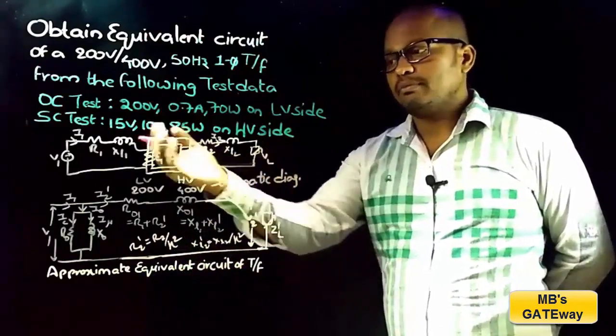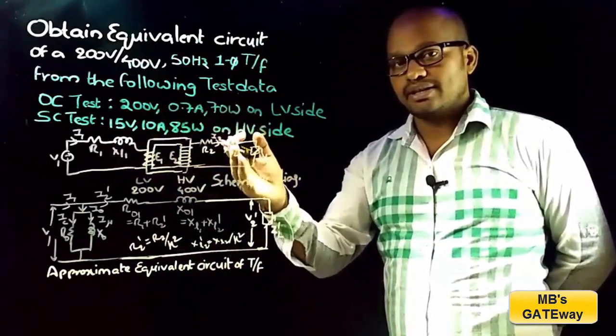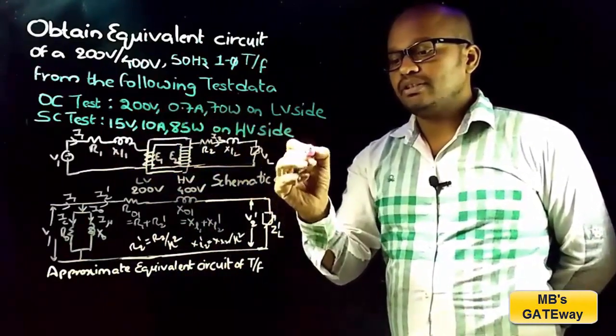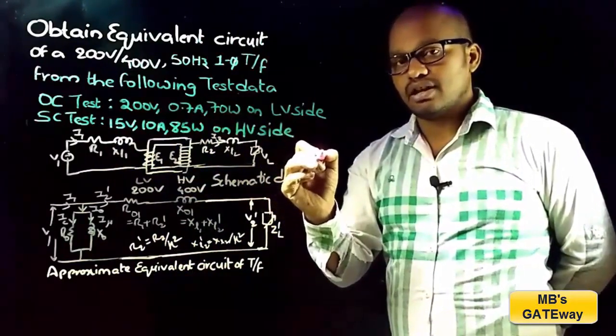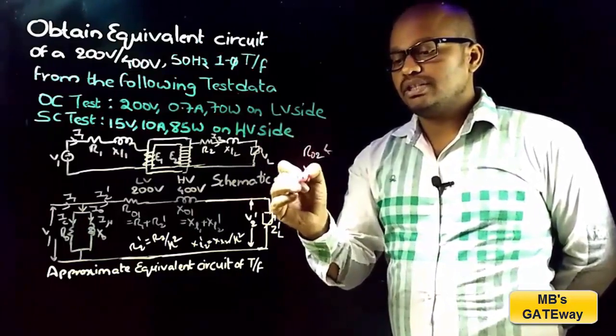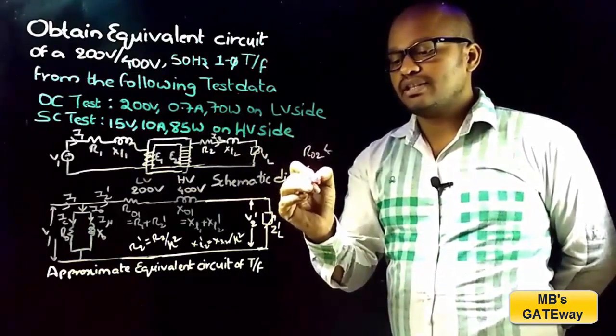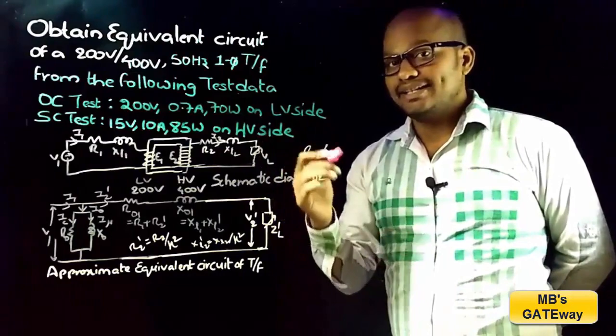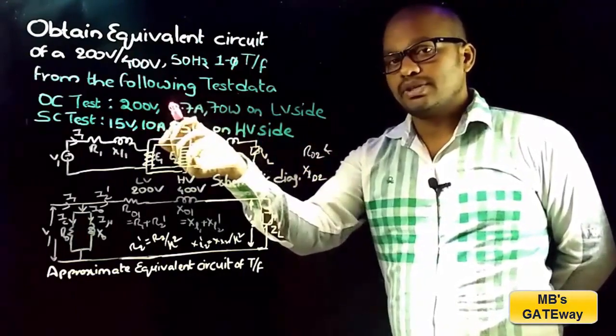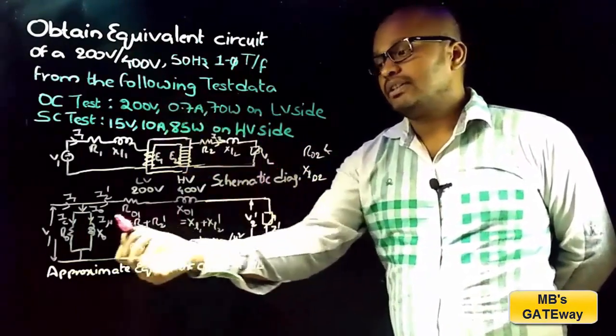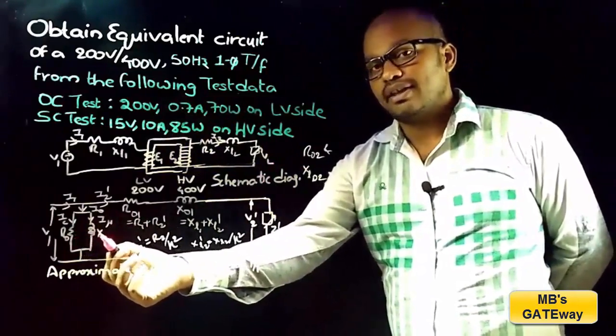And if you transfer primary parameters to the secondary side, then we get the equivalent resistance R02 and equivalent reactance XL02.